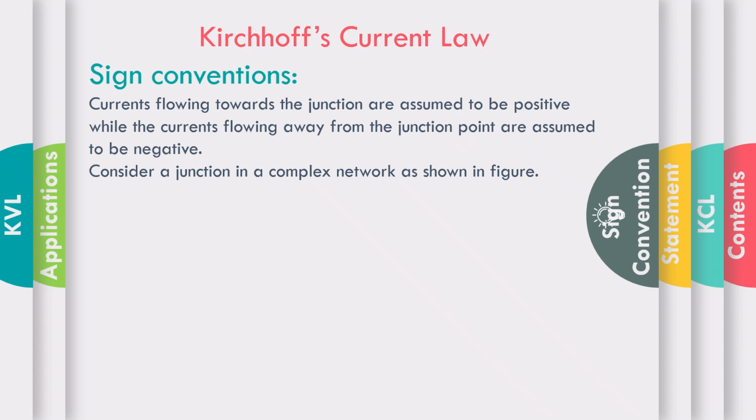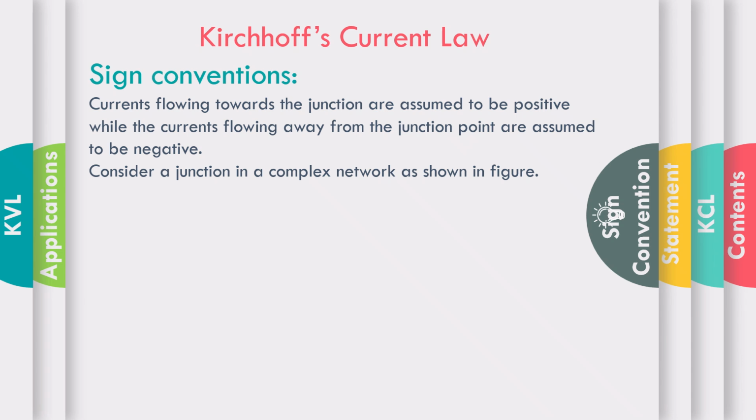That means currents flowing towards the junction point are considered positive, that is plus I1, plus I2, plus I3. And the current flowing away from the junction point is considered negative, that means minus I4, minus I5, minus I6.